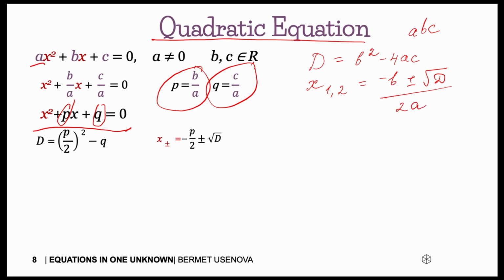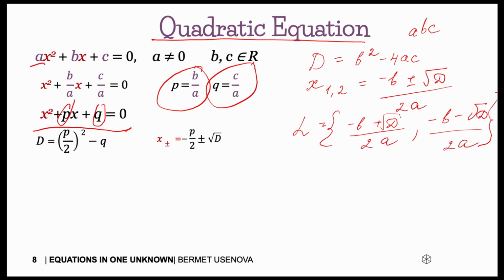The solution set for our ABC formula will be minus b plus square root of d divided by 2a, and minus b minus square root of d divided by 2a. So if you have a quadratic equation in normal form, you use this formula. If you have an equation in ABC form, which means it has some extra coefficient in front of x squared, you use this formula.